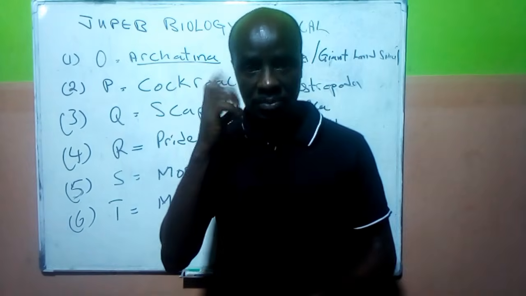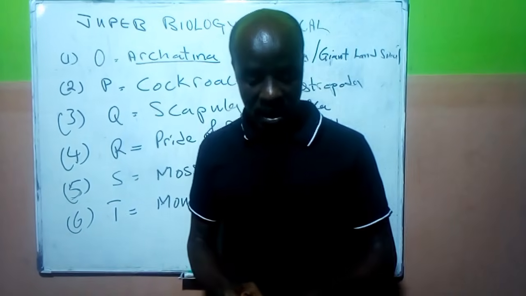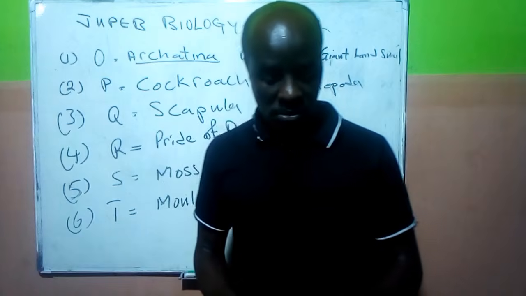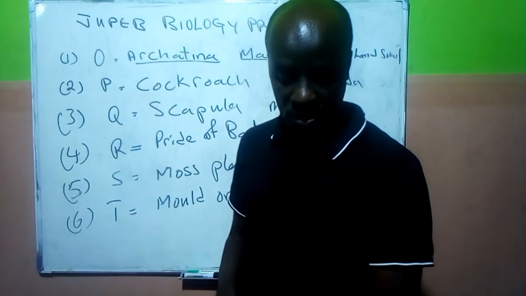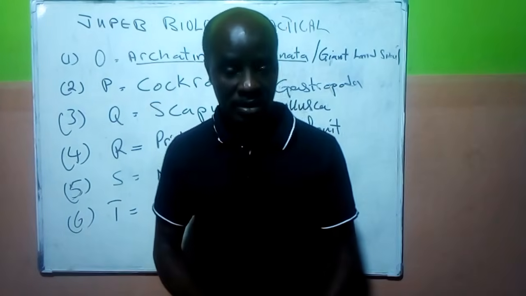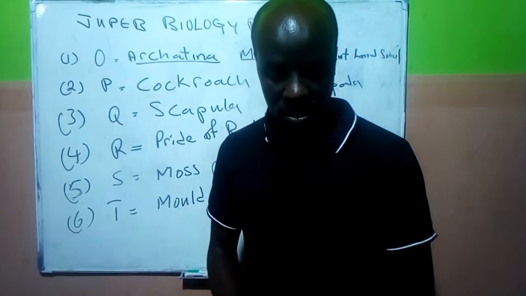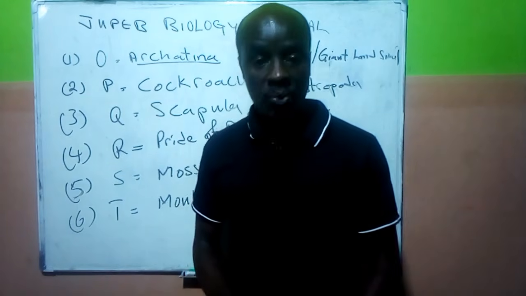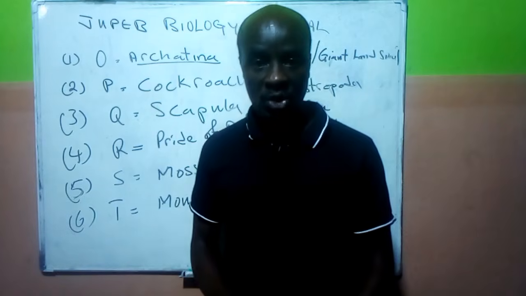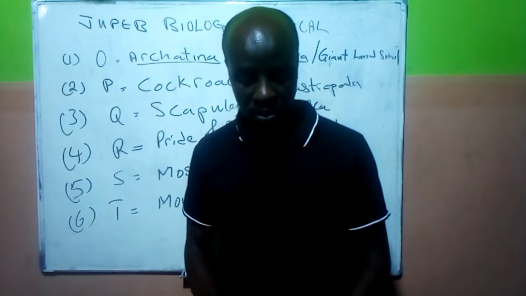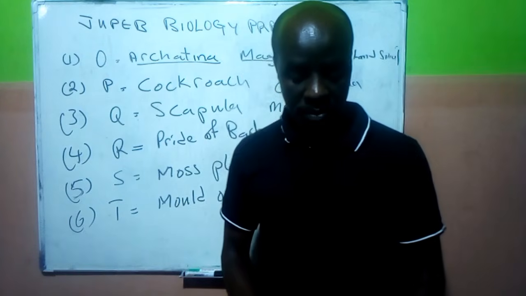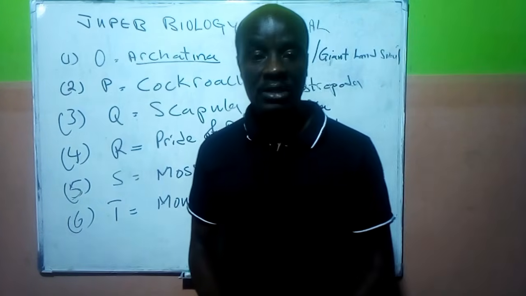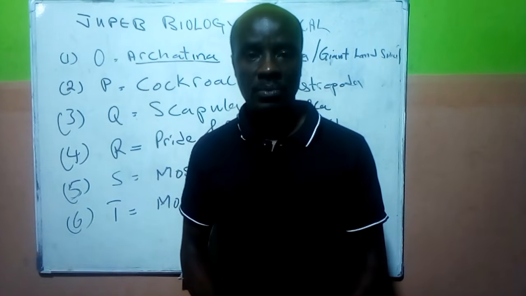They have eyes, and mouths for feeding, and they have a muscular foot which helps them in movement. The next one is the mantle. The mantle is where the shell that covers them is normally produced. And finally we have the pneumostome, which helps them in gaseous exchange.